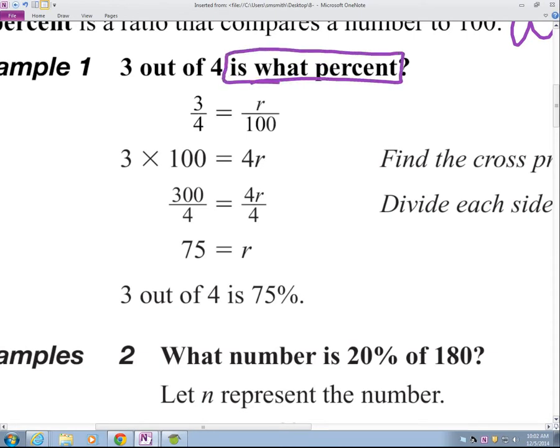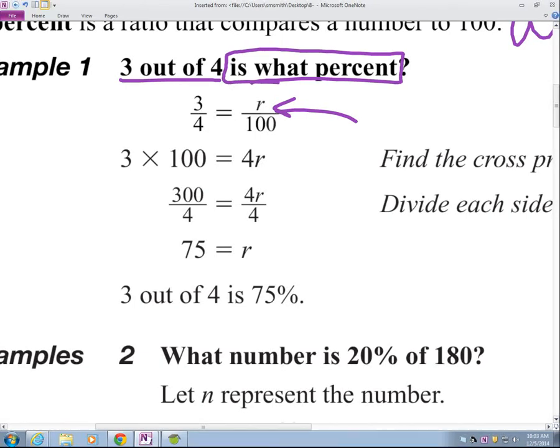You don't know the variable. You know the part, you know the whole, and 3 out of 4 is also another term that we've done in our ratios. Remember how we could say 3 out of 4, 3 to 4 when we did ratios? So 3 out of 4, and it's telling us what is the percent. Then we do those cross products that we started last week.